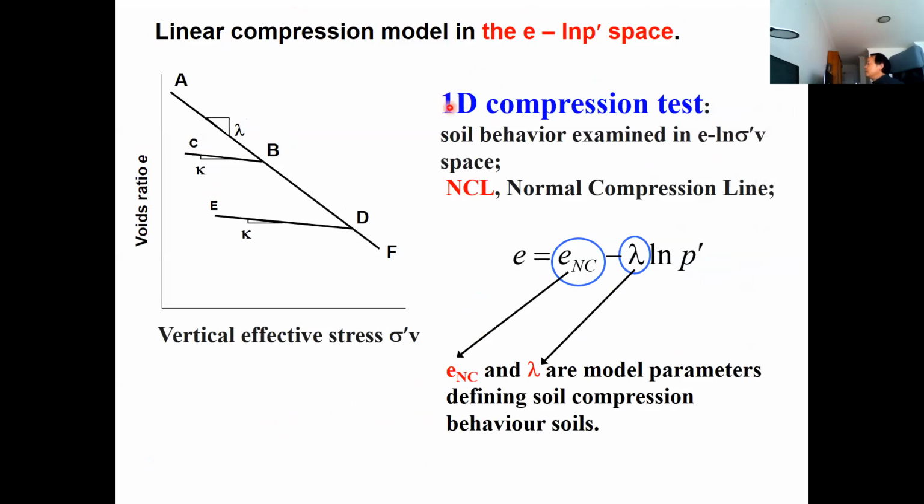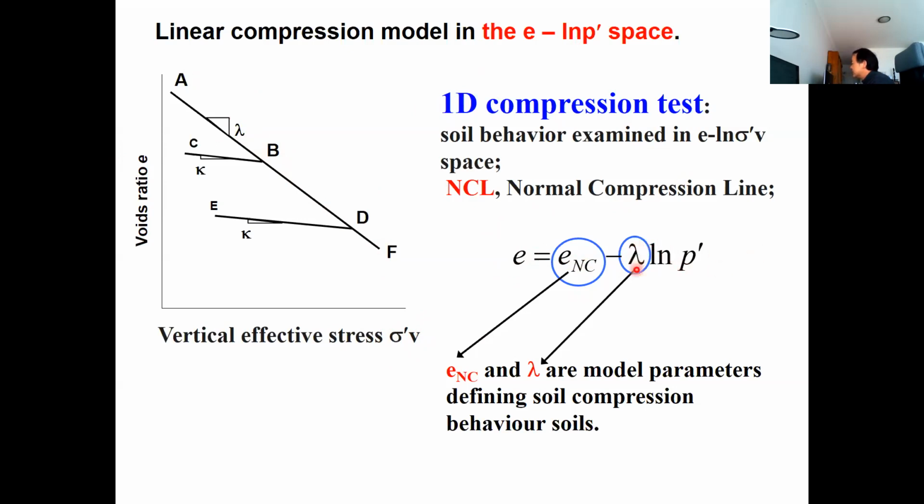Now, we mentioned the one-dimensional compression test. The one-dimensional compression test is also called the oedometer test. In the oedometer test, we use the vertical effective stress, sigma dash v, and the void ratio. The one-dimensional compression test is described by this line: e is equal to e_NC plus lambda log p dash.